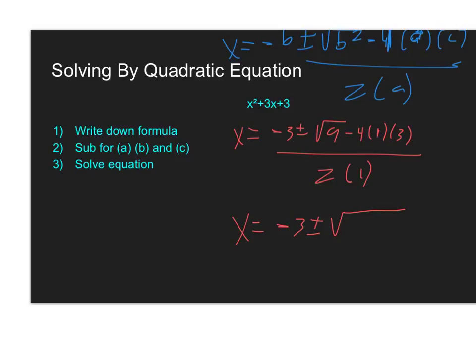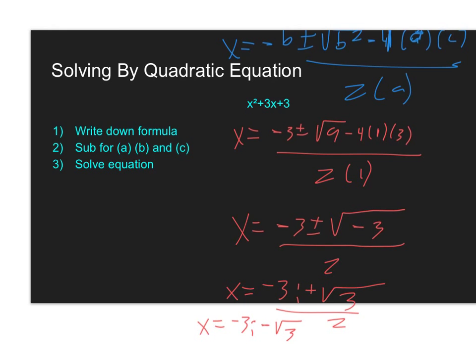And then if you subtract 9 minus 12, you get negative 3, where the square root of negative 1 is I. So you get x equals negative 3 plus I times the square root of 3 over 2, and x equals negative 3 minus I times the square root of 3 over 2.